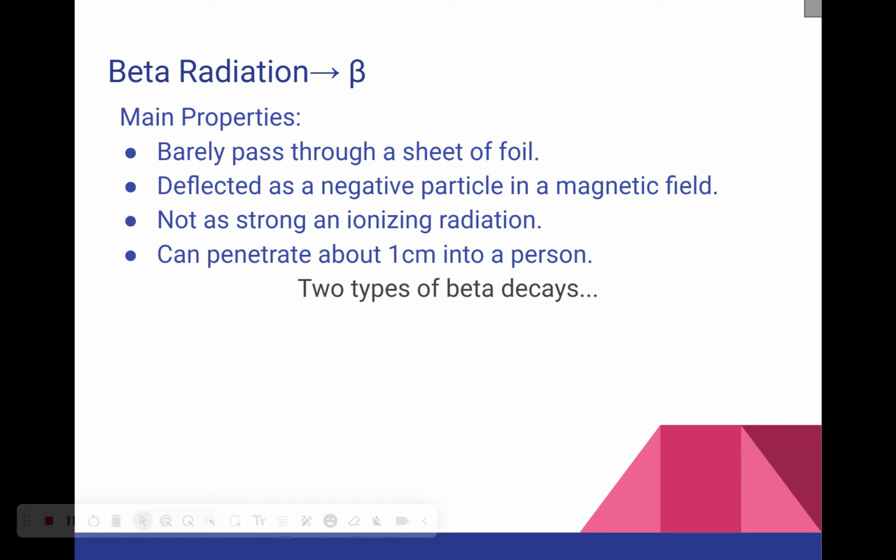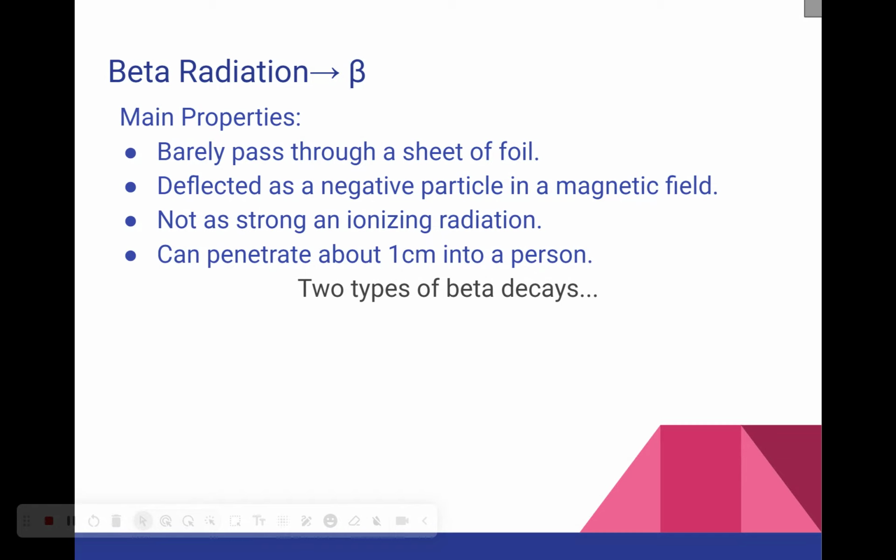They are electrons. So that does mean that they are not as strong a form of ionizing radiation as alpha particles were. Alpha were a double positive elementary charge, but here an electron is just a single elementary charge that happens to be negative.